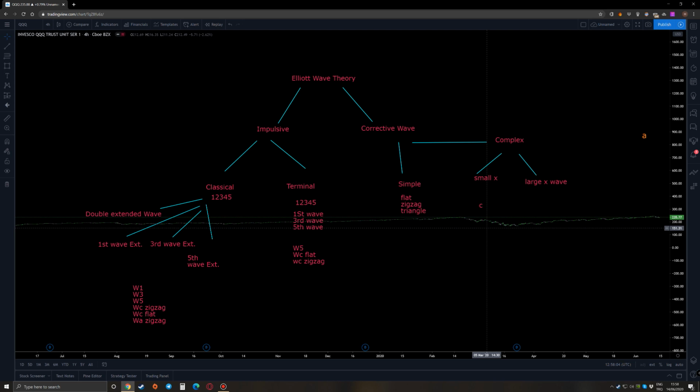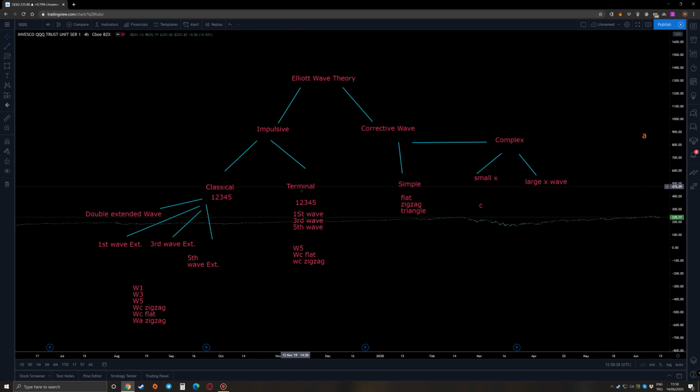If it's a large X wave, then you have double 3, triple 3, running, all that stuff. If you're in a simple corrective wave, it can be flat, zigzag, a triangle. There is no 4th option. Okay, if you're trading classical impulsive moves, it can be either first wave extension, third wave, fifth wave, or double extended. And where they can happen is this.